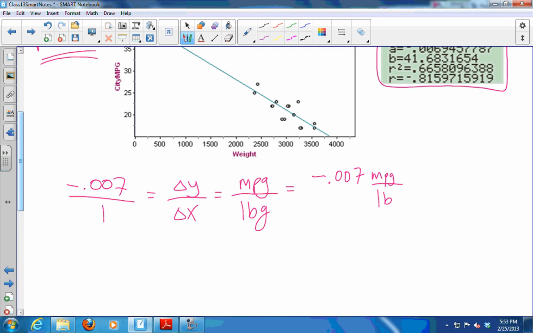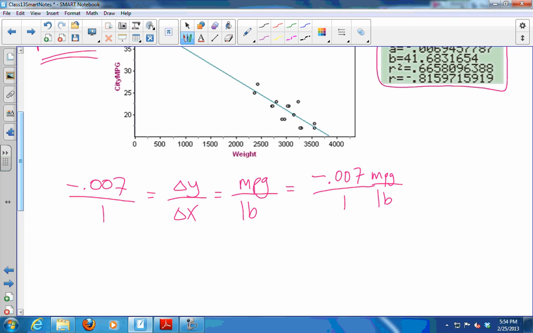So what does that tell me about the relationship between the weight of a sports car and its miles per gallon? For every one, yes, for every 1 pound we increase the weight, we lose 0.007 miles per gallon. And you said we lose it. How do you know that? Because it's negative. Yep. So you could read this as negative 0.007 miles per gallon per 1 pound.